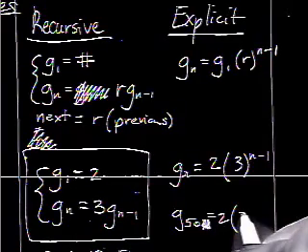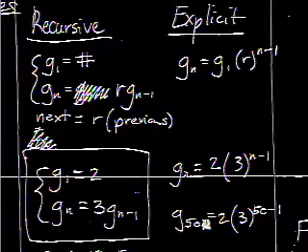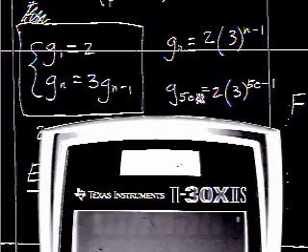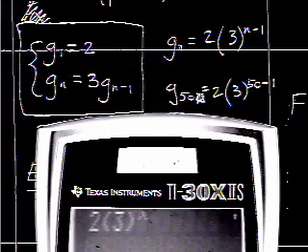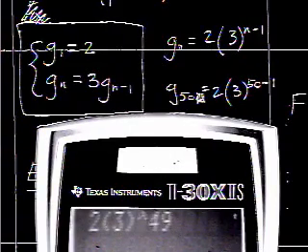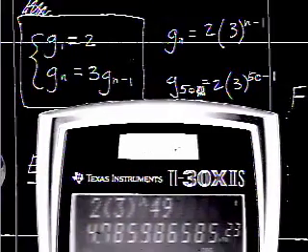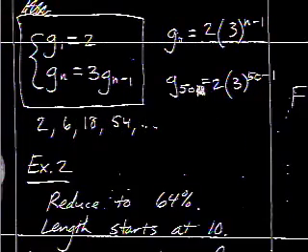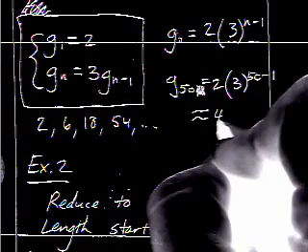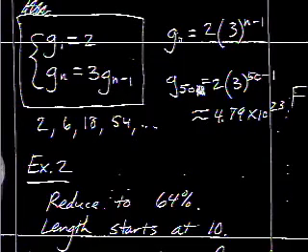So, 2 times 3 to the 50 minus 1 power. Since 50 minus 1 is 49, I'm just going to use 49. Still a rather large number: 4.79 times 10 to the 23rd. Kind of big.